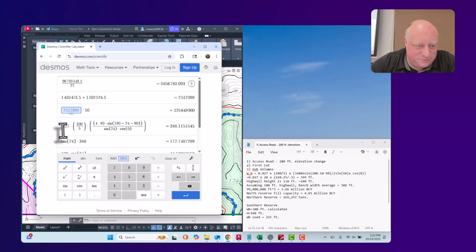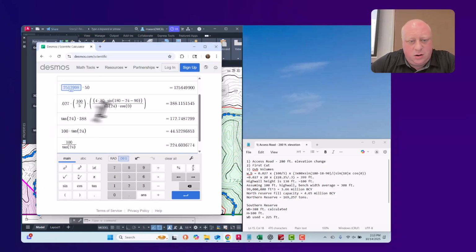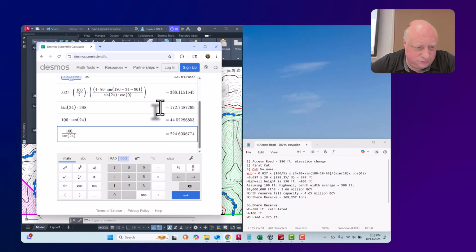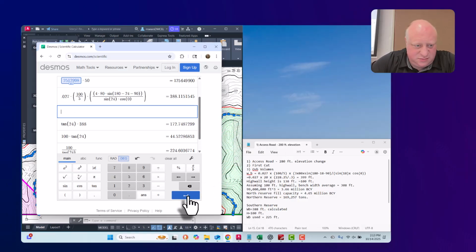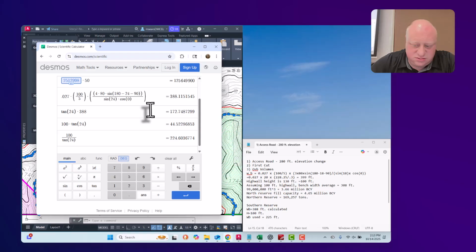For our maximum bench width, given that, okay, no, that's not what I want to do.